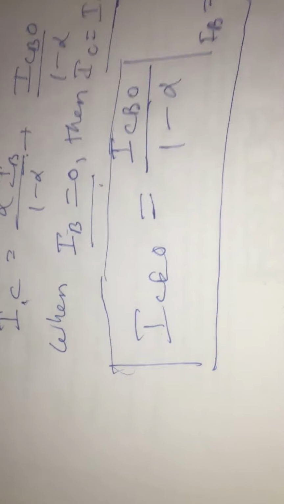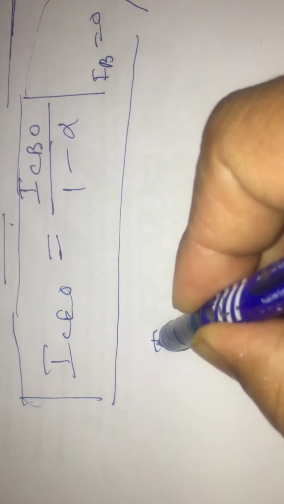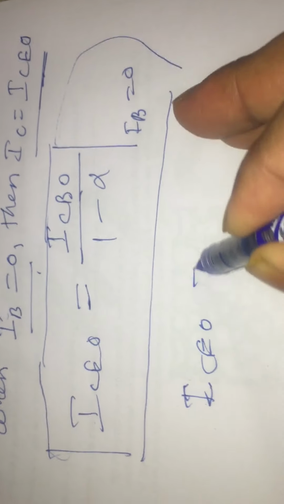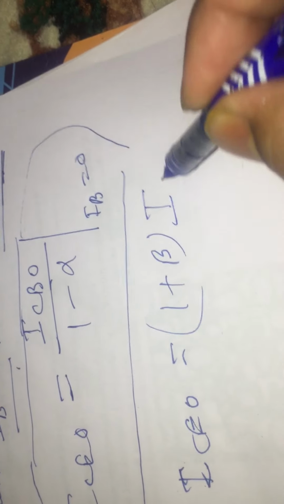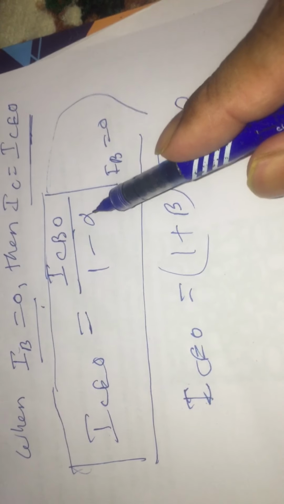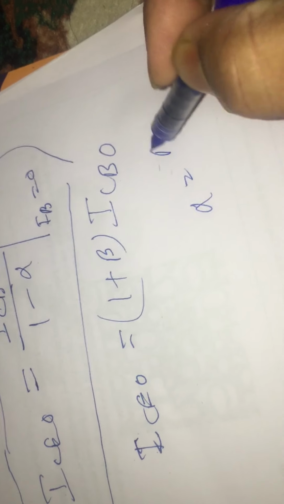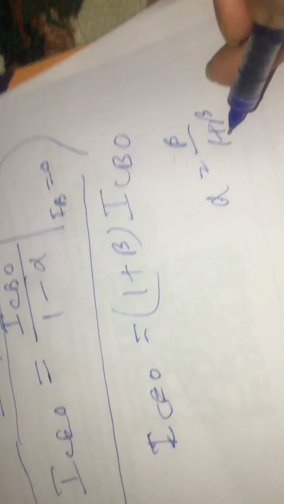This is our final expression, and we can also write it in terms of beta. So ICEO equals 1 plus beta times ICBO. We know the relationship between alpha and beta, so in place of alpha we can write beta: alpha is equal to beta divided by 1 plus beta.